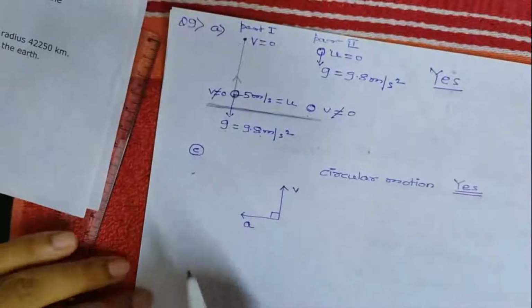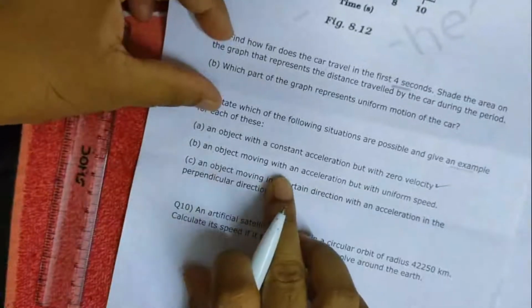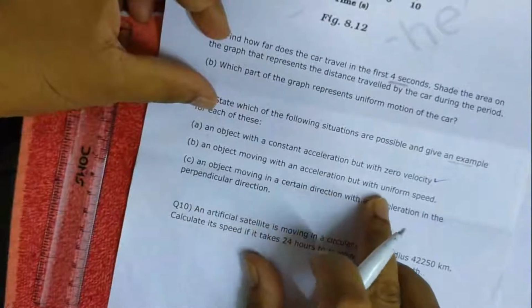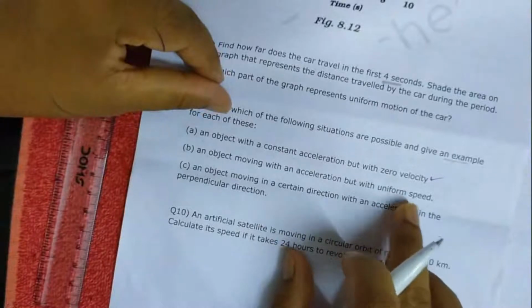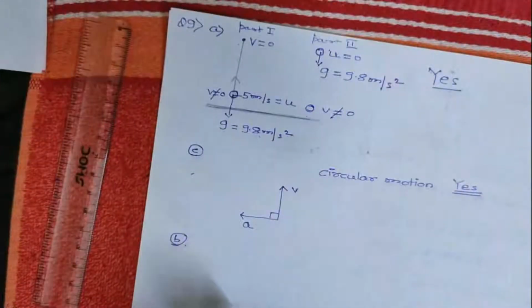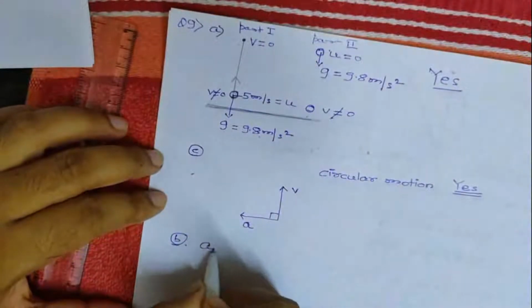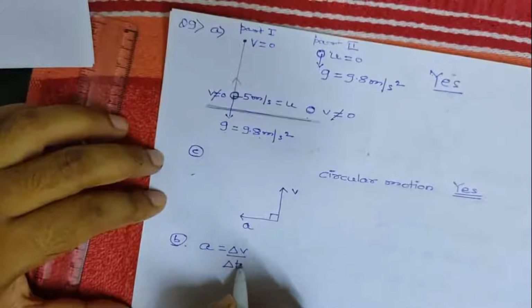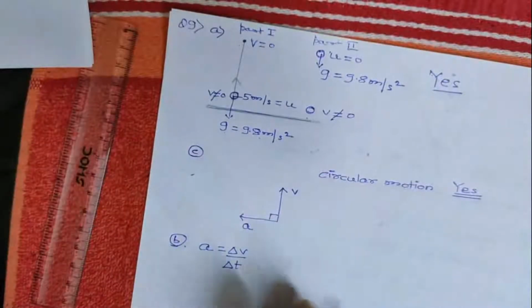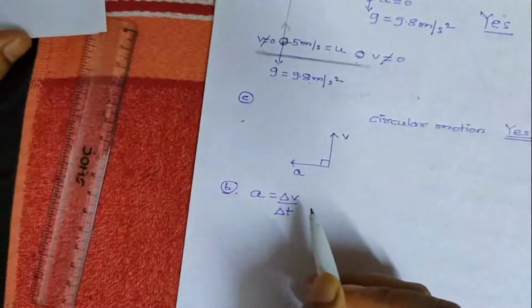Now come back to B. An object moving with an acceleration but with uniform speed. Uniform speed means there is no change in speed. What is the formula of acceleration, guys? Acceleration is delta v by delta t. So it says uniform speed.